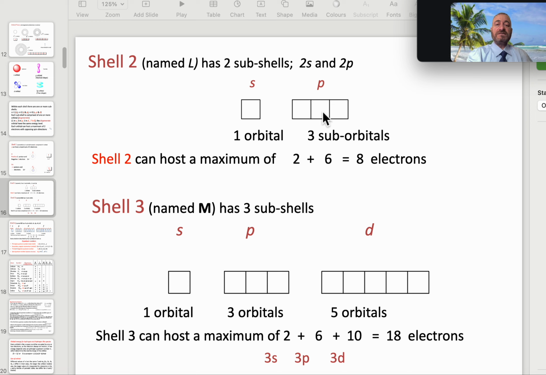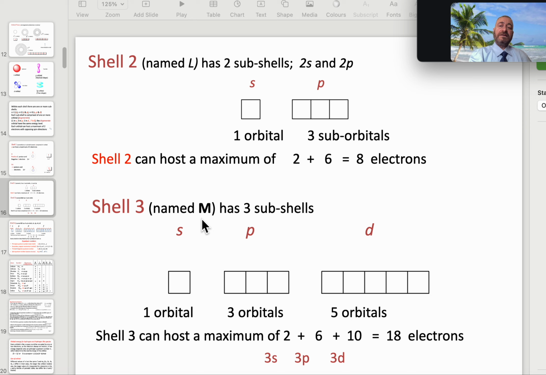So 2 here and 6 here will be 8 together. So shell number 2 takes a maximum of 8 electrons. And then the electron configuration will be 2s2, 2p6.